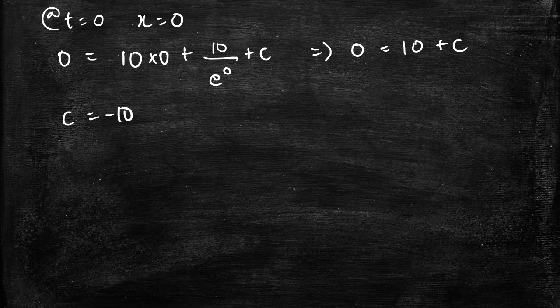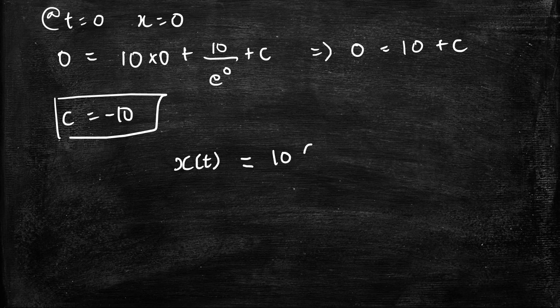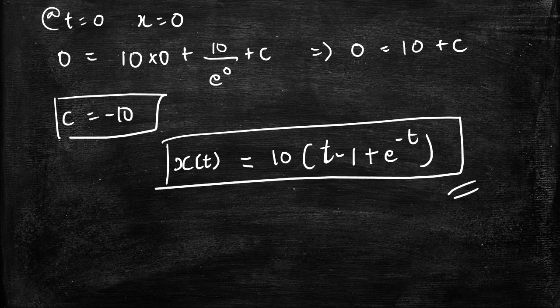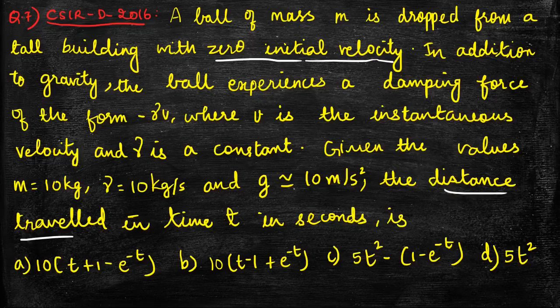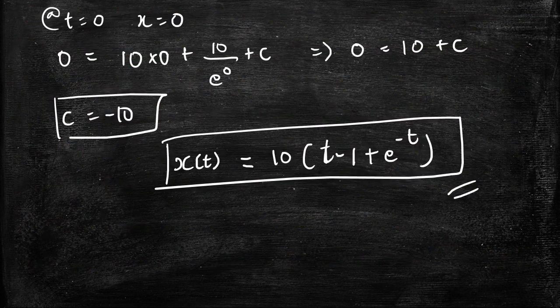Again, c will be minus 10. So on substituting in the solution, you get 10 into t minus 1 plus e power minus t. So this is the distance traveled. This is equal to option B. So I hope you get this solution.